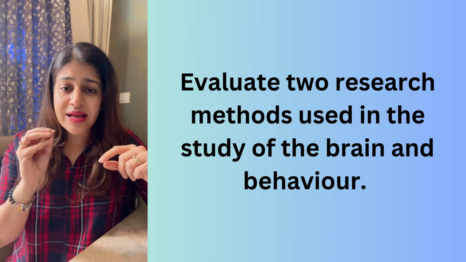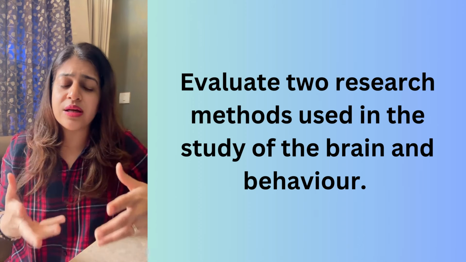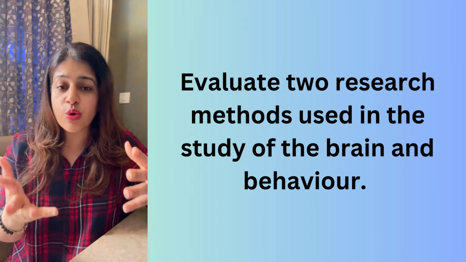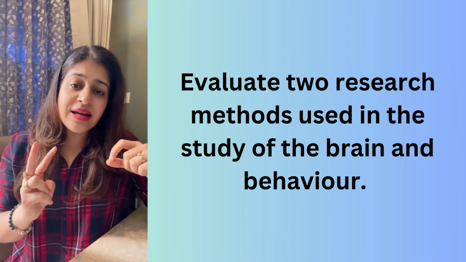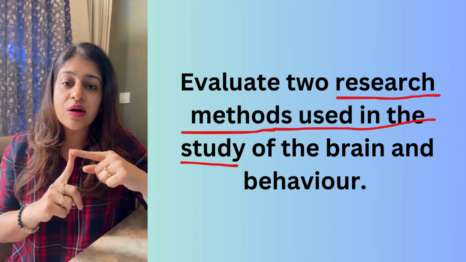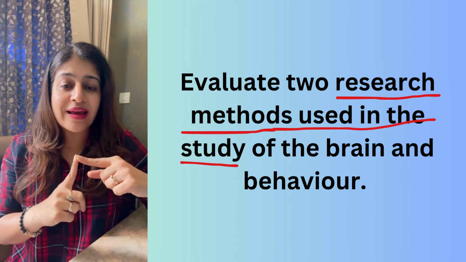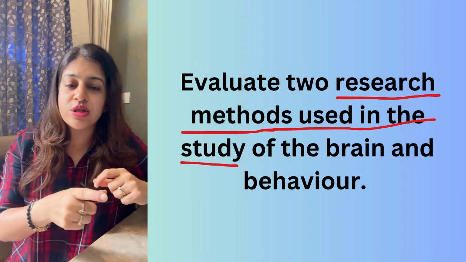Now the second is that you have to pick up the studies. You can take 2 to 4 studies that all IB psychology students know for their 22 marker question. The second keyword is research methods. That means you have to write the research methods used in those studies.